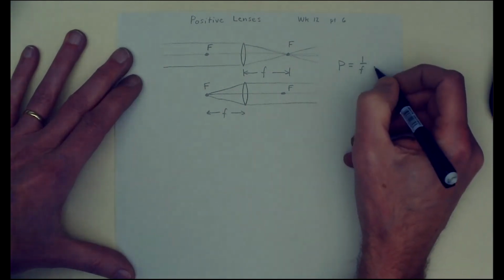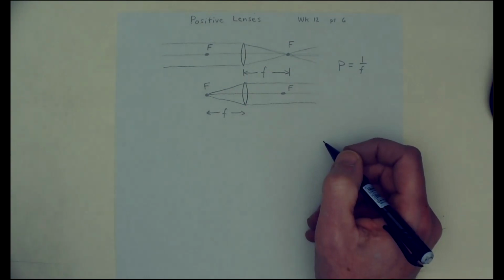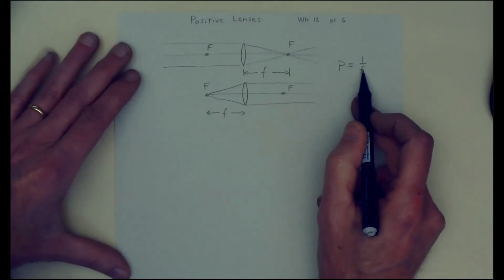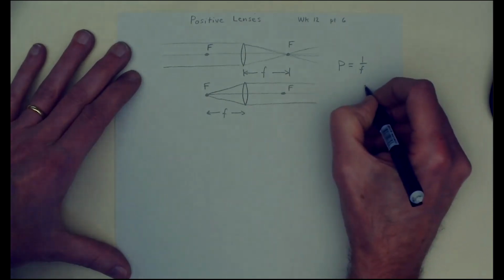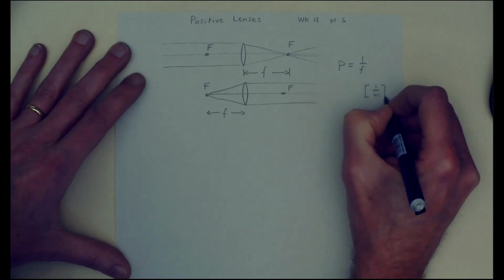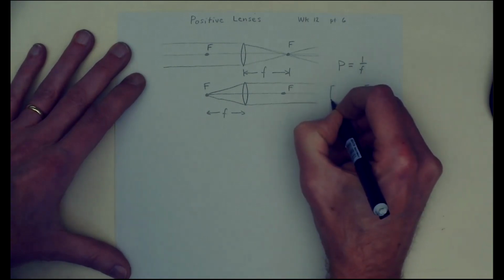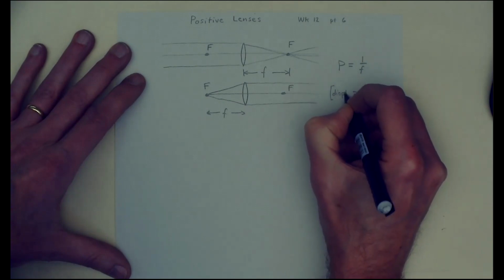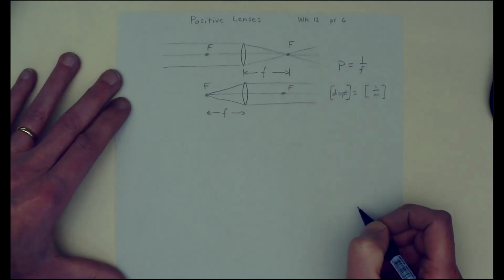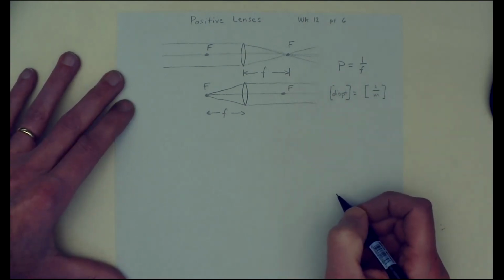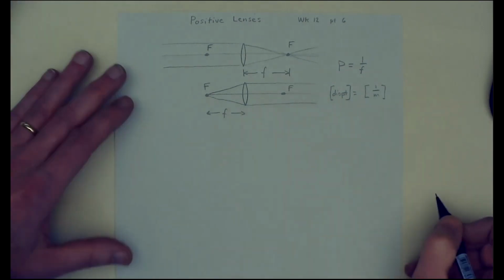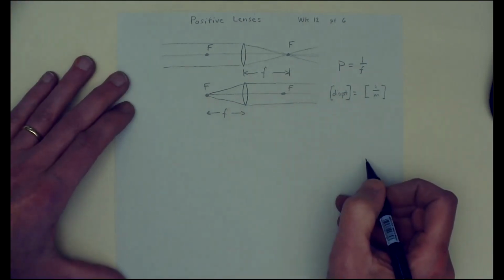The focal length normally is given in centimeters or millimeters, but for the purposes of calculating a power, you must change it to meters, so that the units then would become 1 over meters, and that is the same thing as diopters. A diopter is an inverse meter. So you can characterize a lens by its power in diopters or its focal length in centimeters or millimeters or whatever you want to give it in.